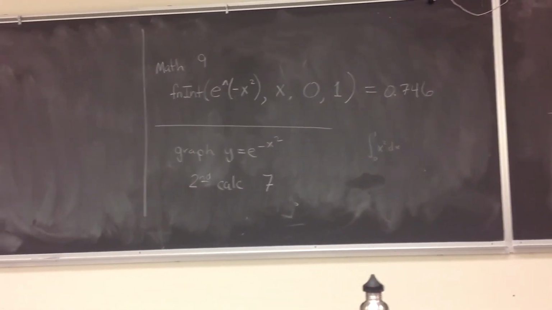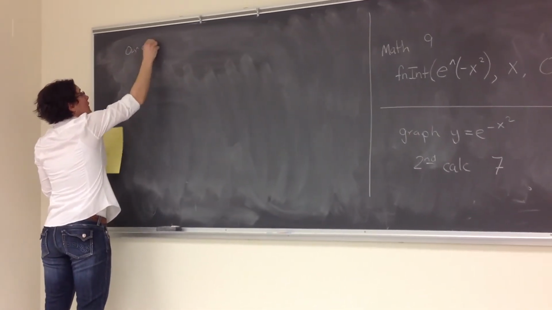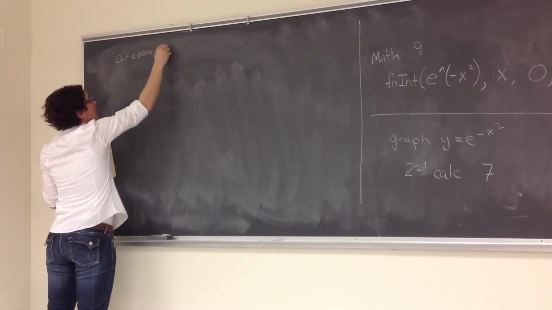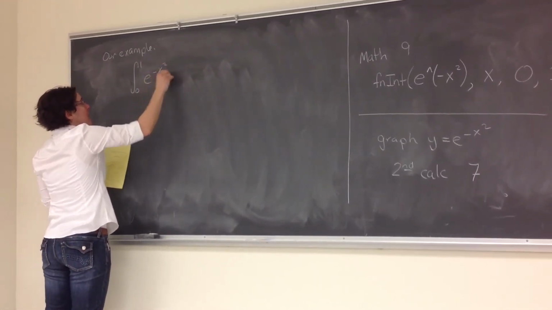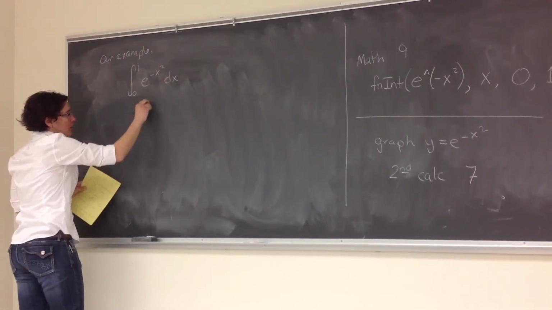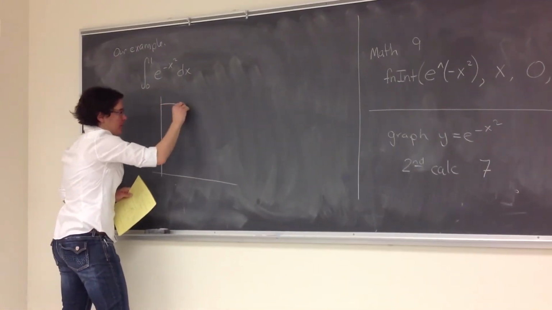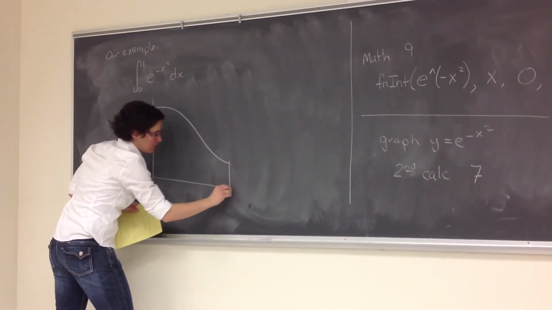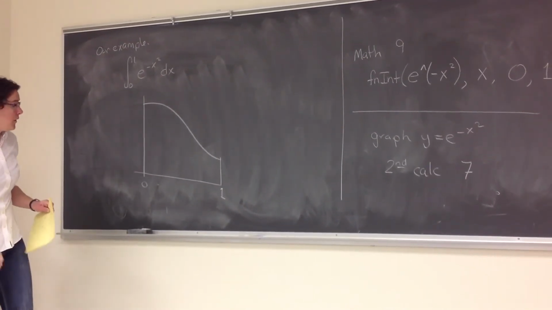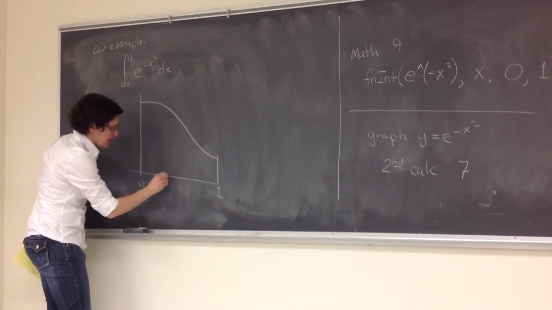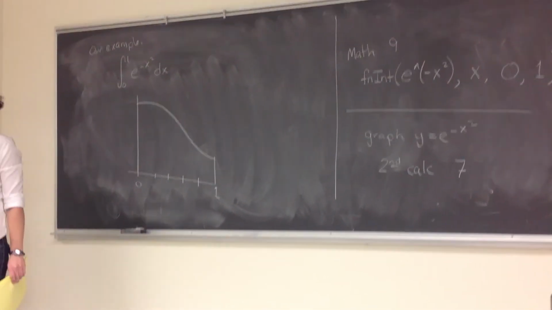Okay, so if I have, with our example, where we have the integral from 0 to 1 of e to the minus x squared dx, here's our function, starting at 0 and ending at 1, and let's say that I again broke this up into 5 subintervals.